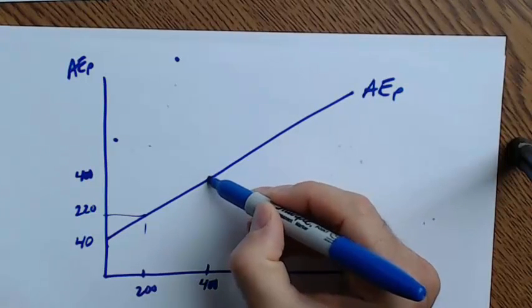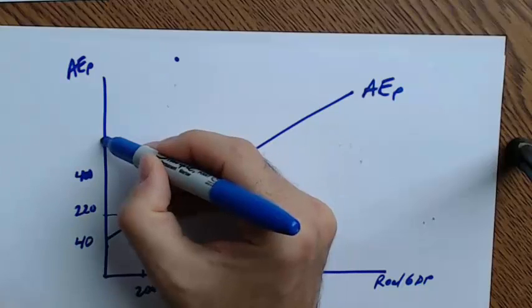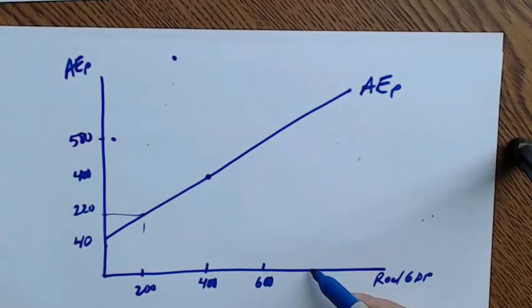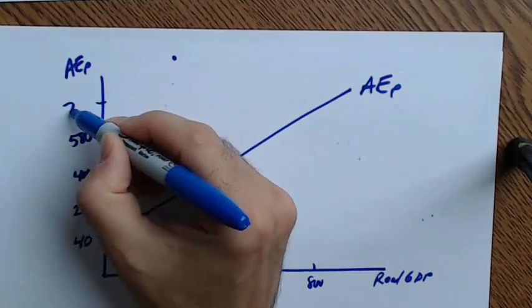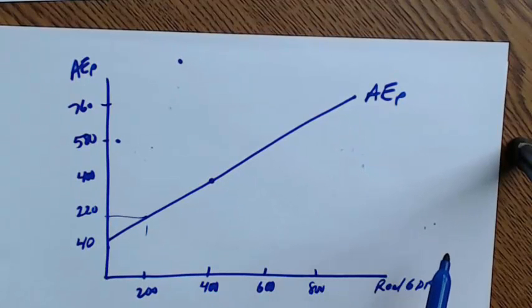That's where we have the equilibrium. We go to 600, come over, and at 600 we have planned expenditures of 580, and at 800 come over, and we're at 760. Okay, so that's how we relate these graphically.